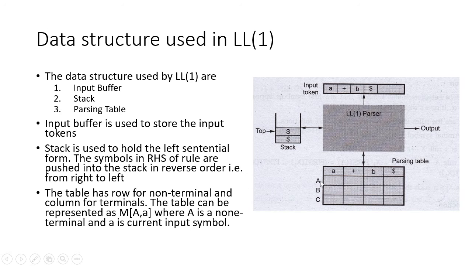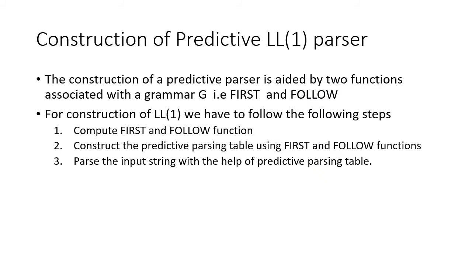So in the table we have to put something. A matches with A, and we have to put something here. We have to put a production. Two things are very important when you start constructing the predictive parsing table: the first and the follow.